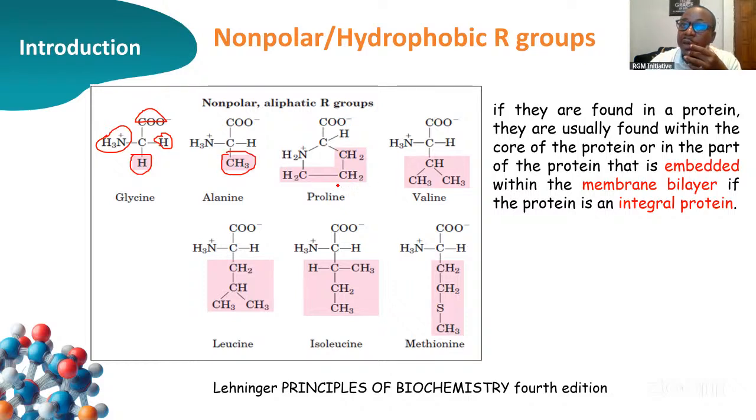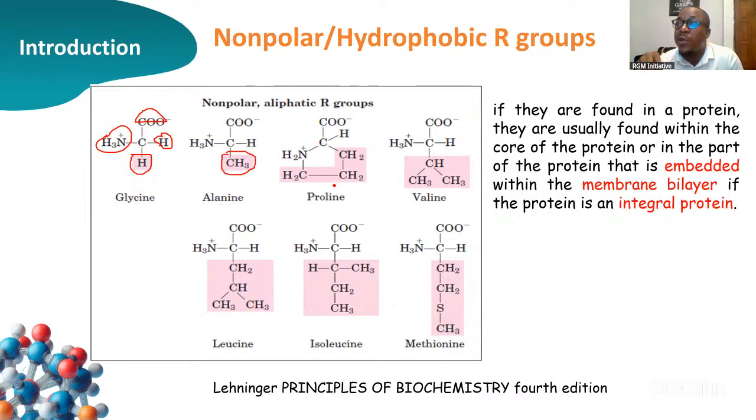So remember, I told us that proline is the only amino acid that is called an imino acid. The reason is that in every other amino acid, the amino group is a primary amino group, while for proline, it is a secondary amino group, called an imino group.